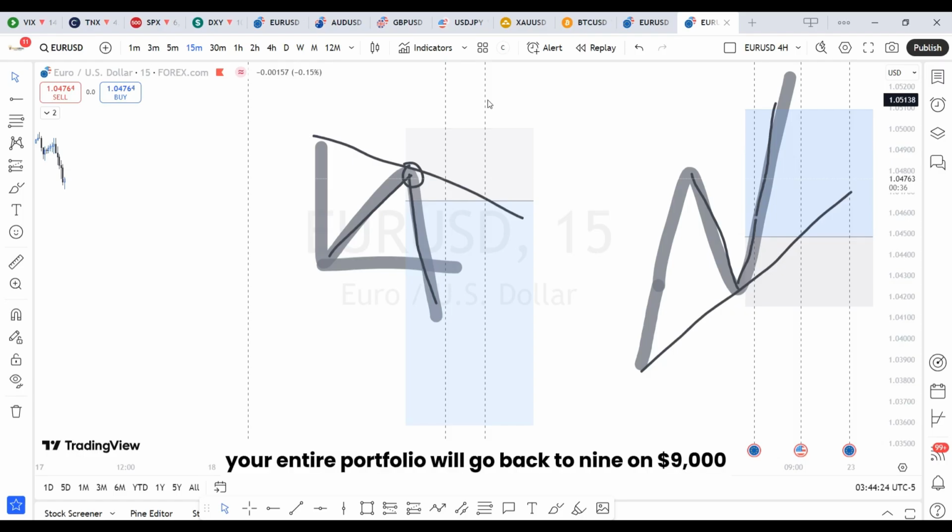But if you lose, your entire portfolio will go back to $9,000. So it is because of the amount you have chosen to risk, which is a very good thing to do. You chose to risk $1,000, now you are getting back $1,000. You chose to risk $1,000, you are getting back $2,000.